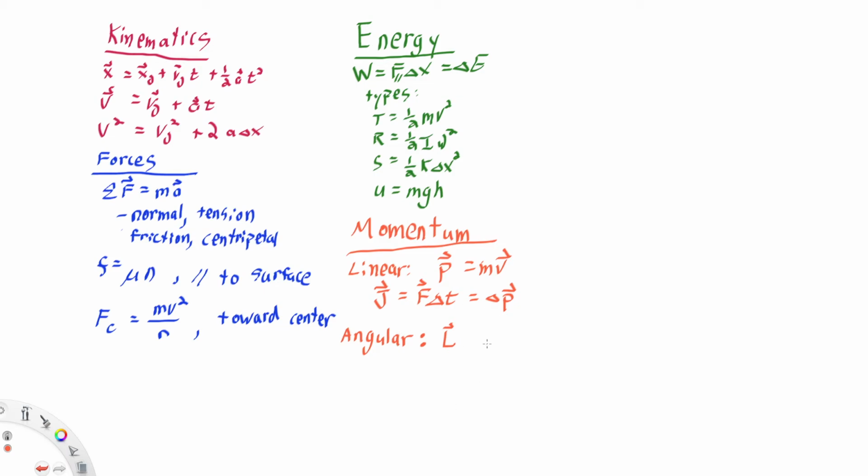So in this last chapter, we've learned about angular momentum, which is I times omega. And we have a similar impulse momentum theorem where a torque applied for a time causes a change in angular momentum.